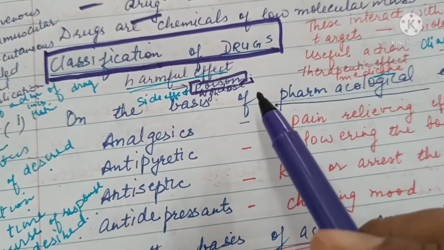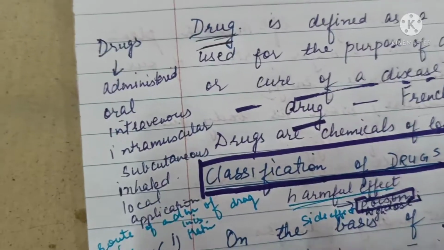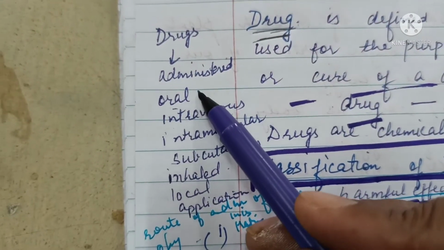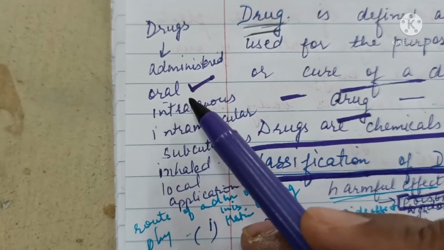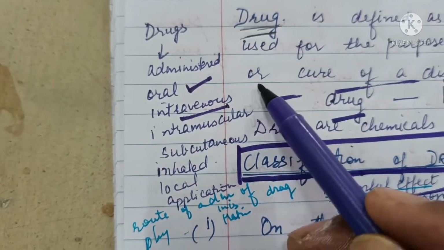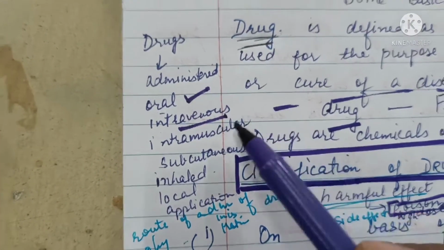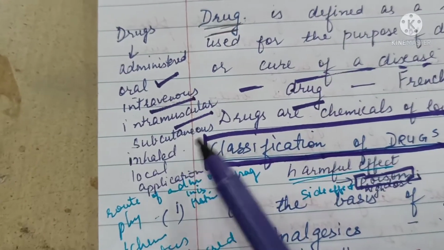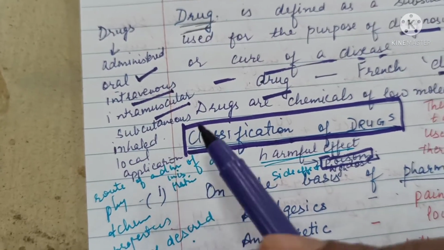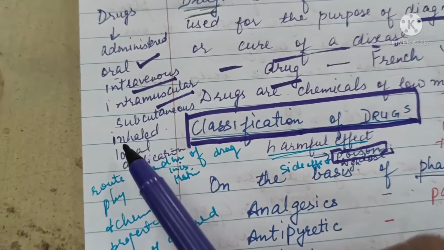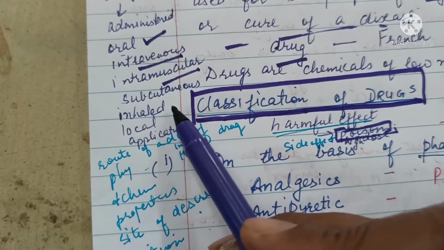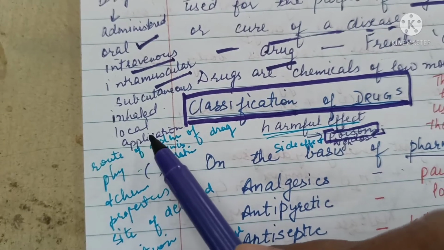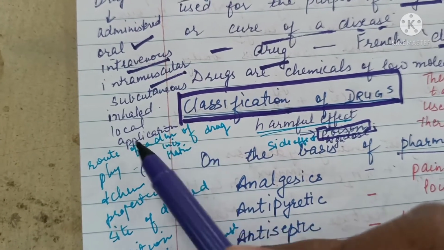The drugs are administered orally, that means taken from the mouth. Intravenous, an injection is given in the vein. Intramuscular, injection is given in the muscles. Subcutaneous, the injection is put below the skin. Sometimes drugs are inhaled and they may also be applied on the skin.